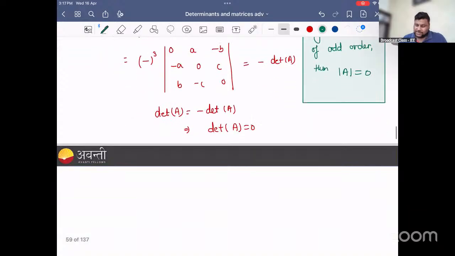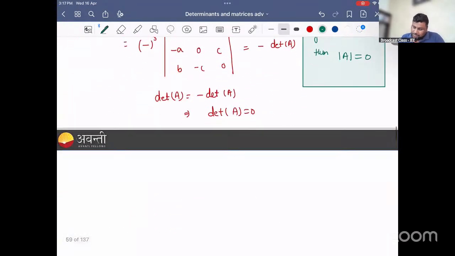Now, property 4 के बाद property number 5.